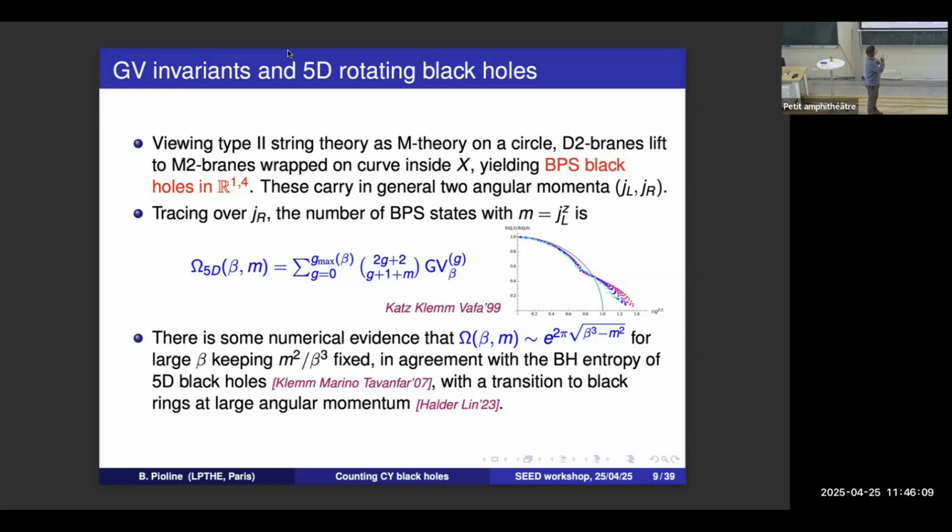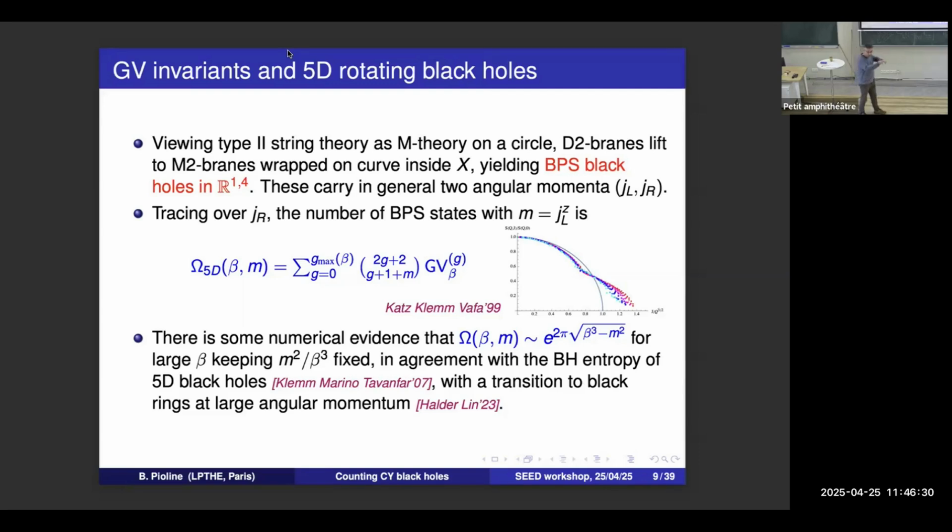However, currently it's very hard to control the asymptotic growth of these numbers. What you can do is do numerics and check agreement. And in fact, this numerics was done by Klemm, and Vafa 20 years ago or so. And they found good evidence that there is the correct growth, at least for static black holes.